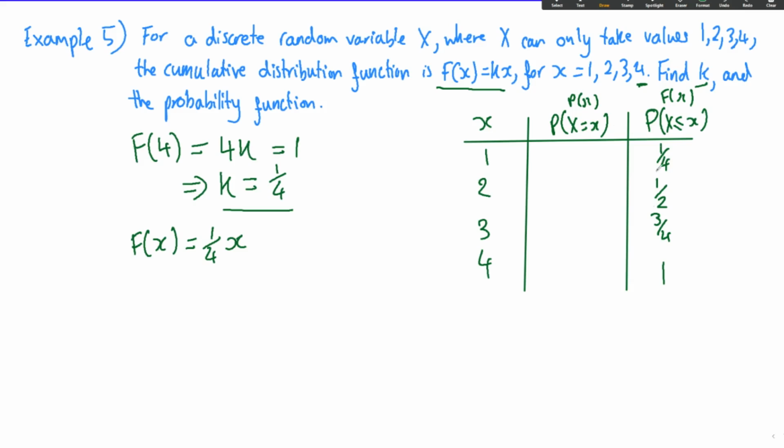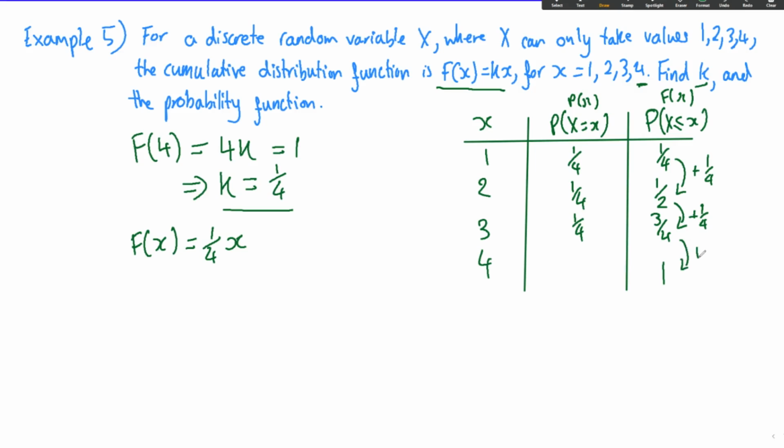So now let's figure out what it is. Again, remember this first one will be the same because it's cumulative. And for the second one, we want to see how much it takes to get from 1/4 to 1/2. Well, we add on 1/4. And then again, we add on 1/4 here. So it must be 1/4.